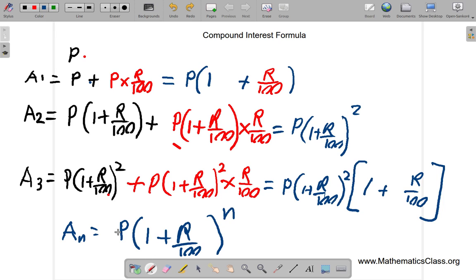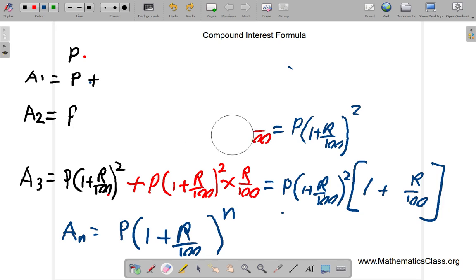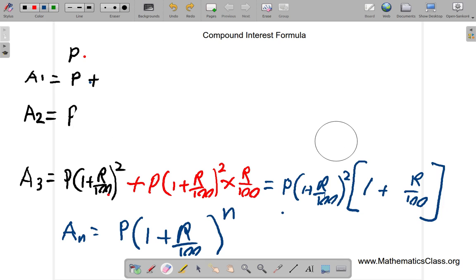So this is the general compound interest formula. We can remove all these things and write down our compound interest formula.